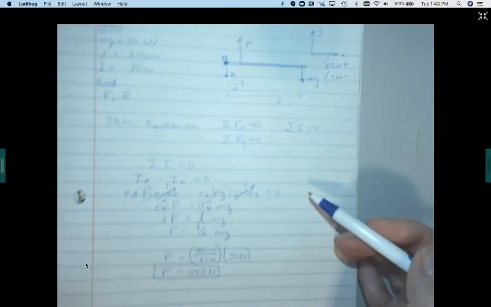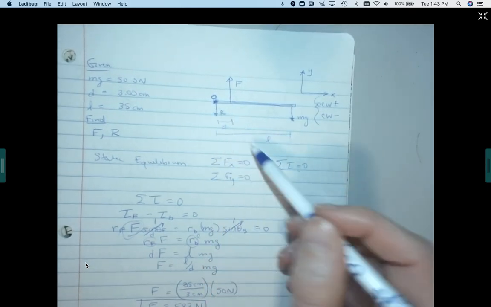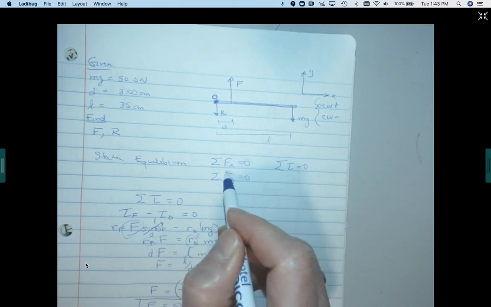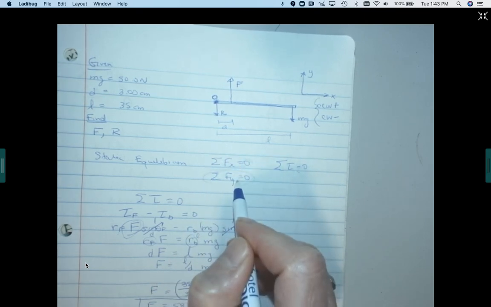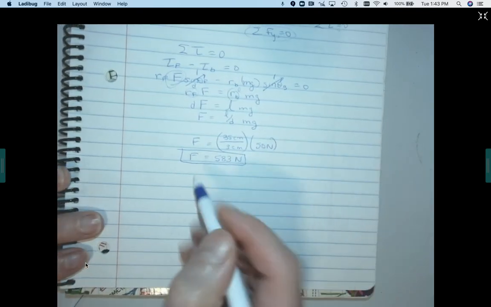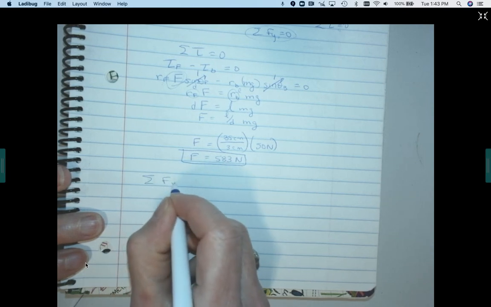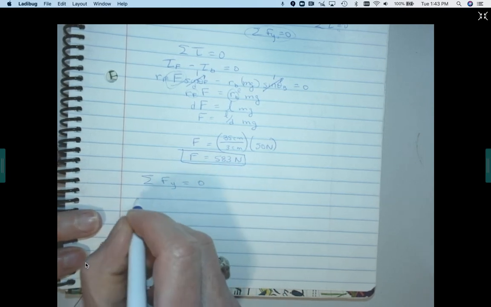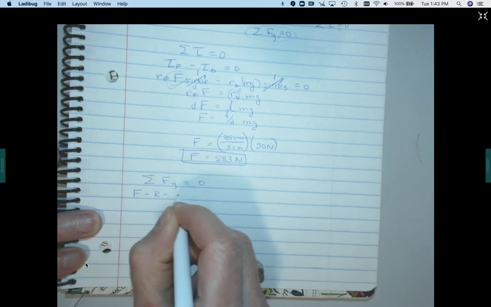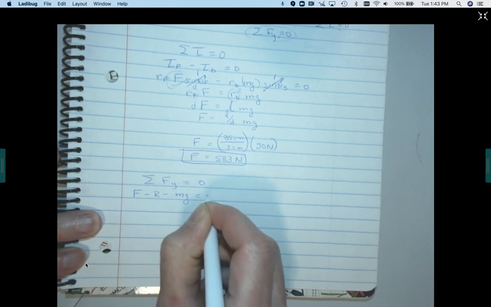Okay, so now we still want to find R, so now we can go to R. There are no forces in the x direction, so this equation doesn't really help us, but we can use this now to sum the forces in the y direction and find out what R is. So if we do the sum of the forces in the y direction equals 0, then we have the force exerted by the bicep minus the reactive force minus the weight of the ball equals 0.